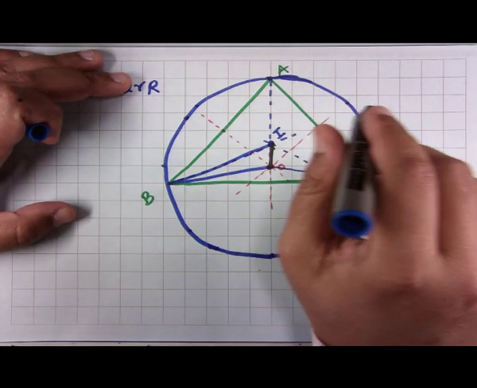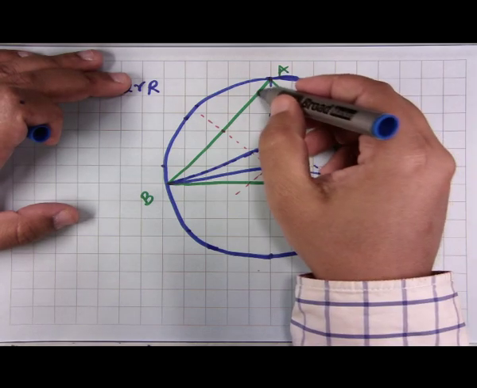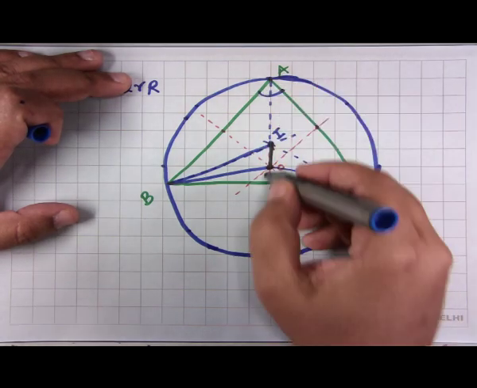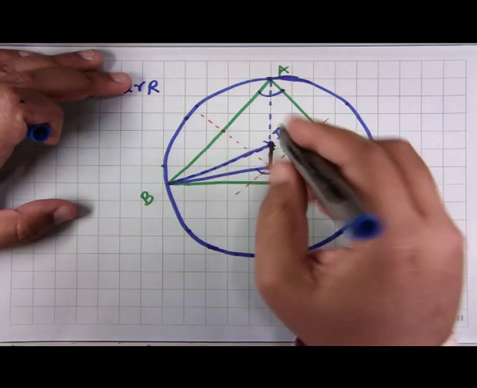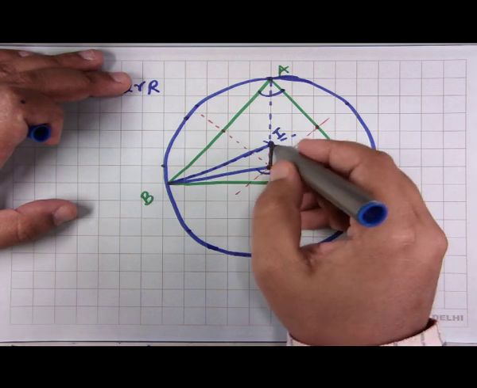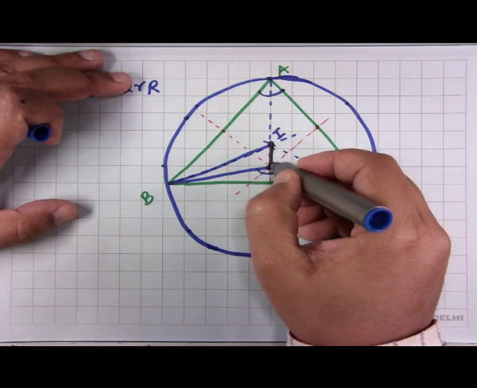Now, from high school geometry, we know that since this is angle A, this entire angle has to be twice of A. So, ultimately we are interested in the square of this length IO.